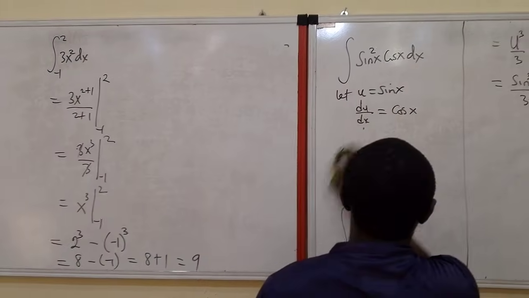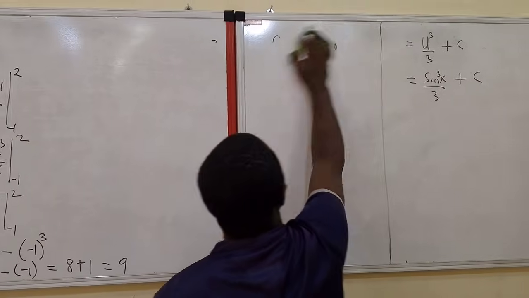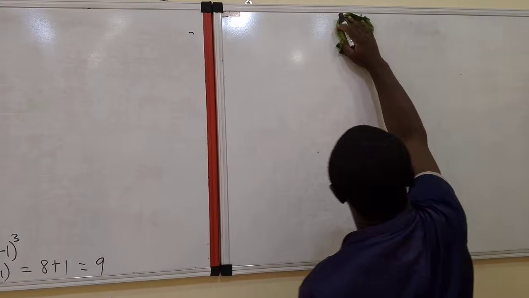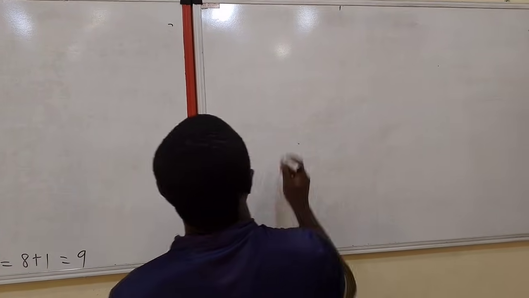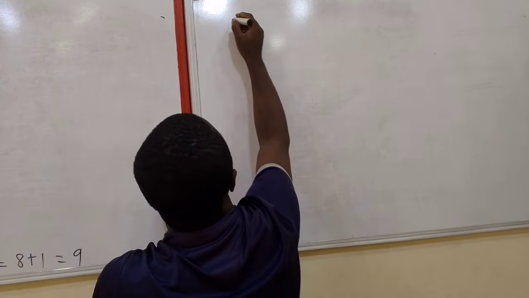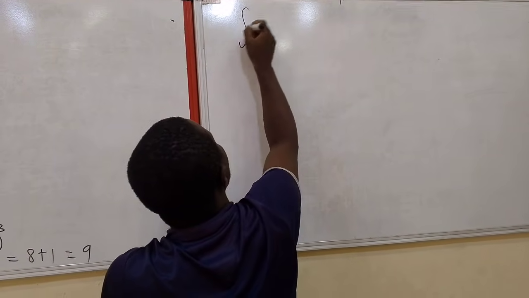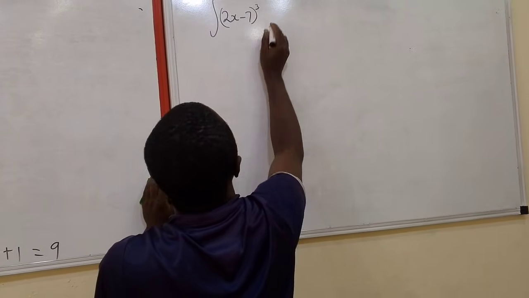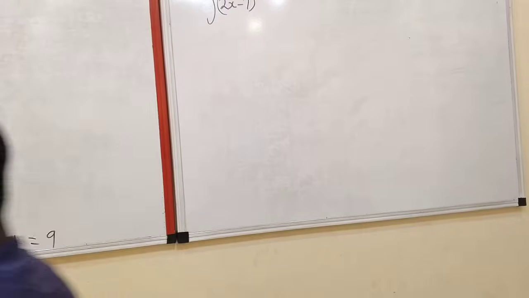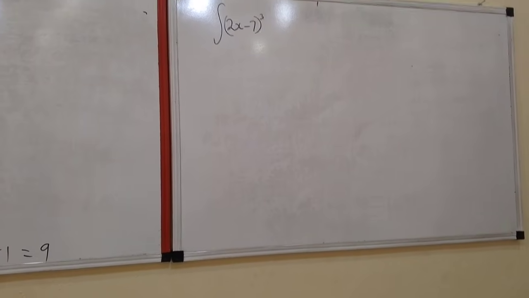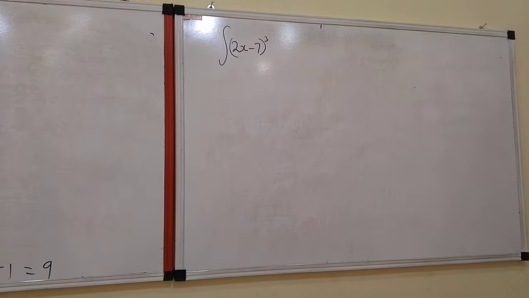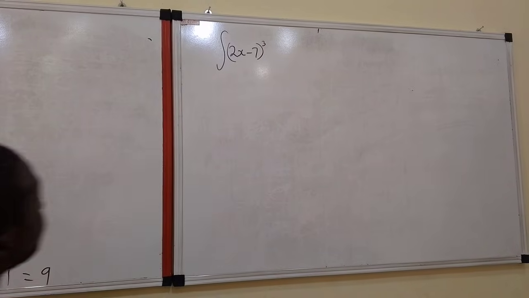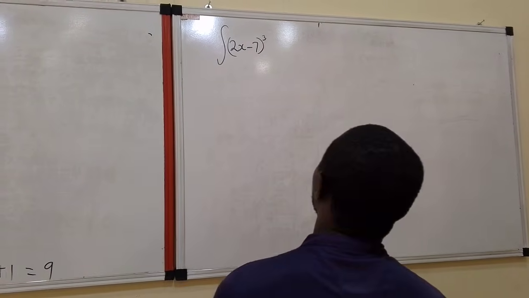Let's look at this. Integrate 2x minus 7 raised to the power of 3 dx.